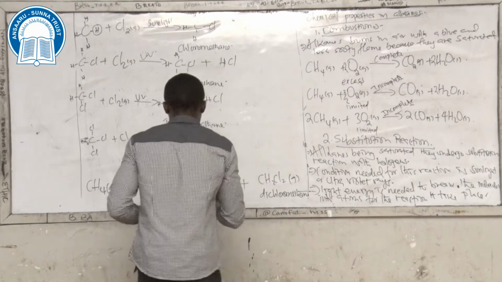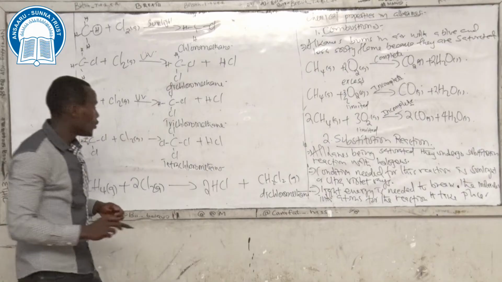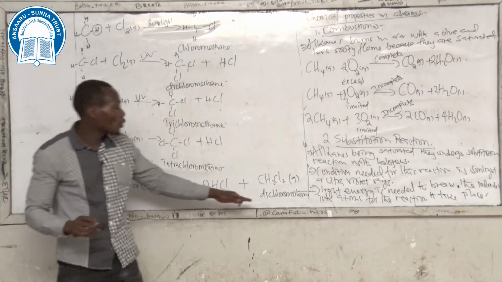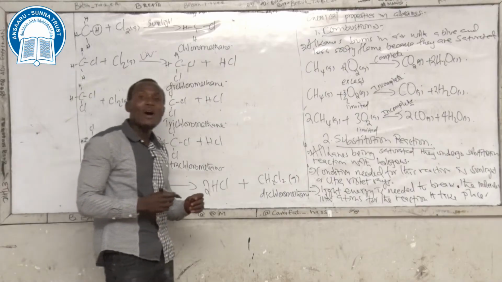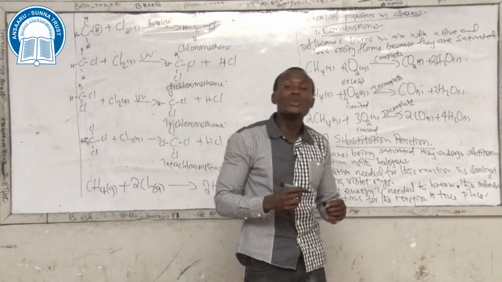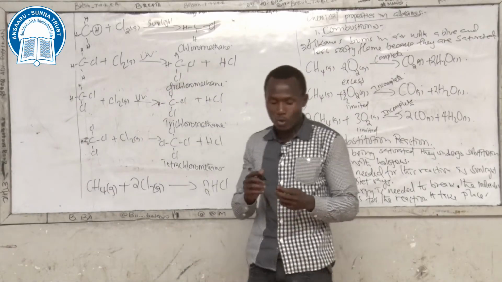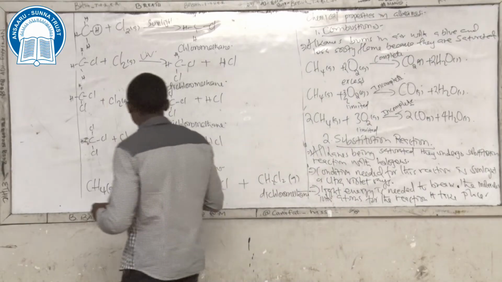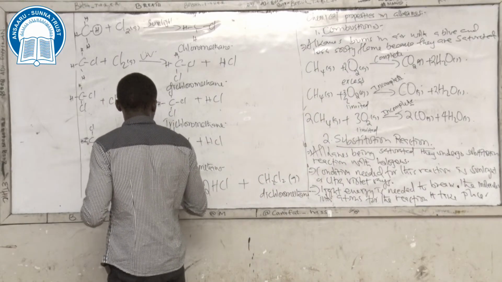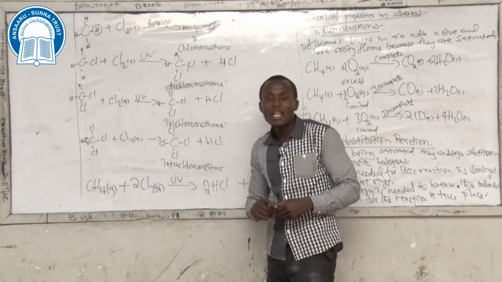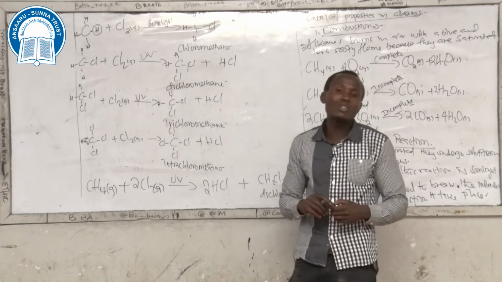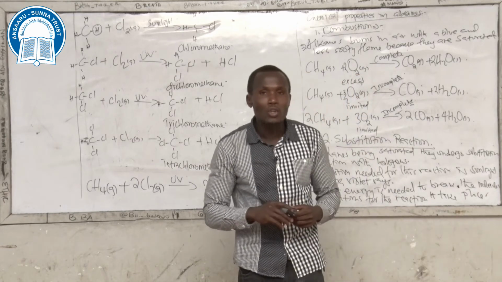To balance the equation, we put 2, so we have dichloromethane plus 2 moles of hydrogen chloride. Meaning, I'm writing the chemical equation using the mole ratios. And the condition needed is the UV light, whose function is breaking the molecules into atoms for that reaction to occur.